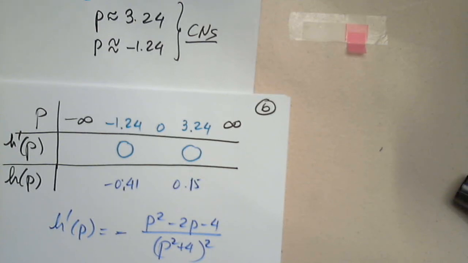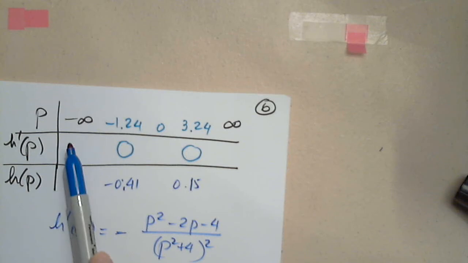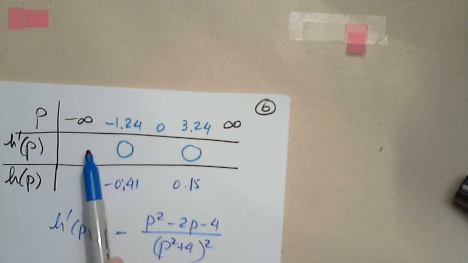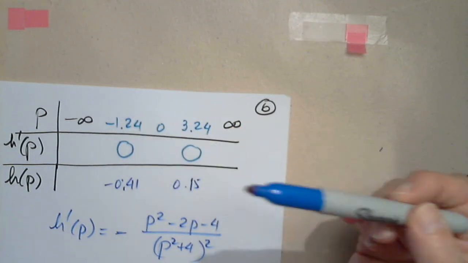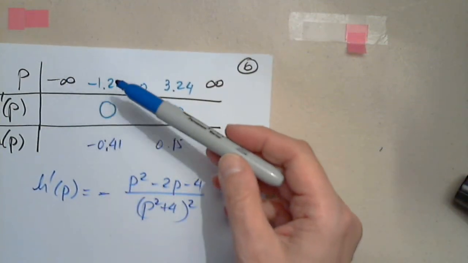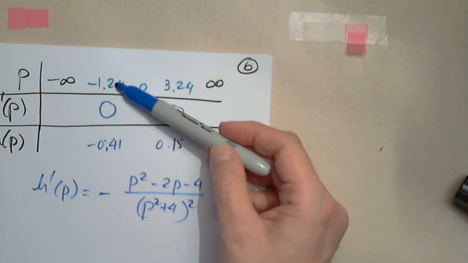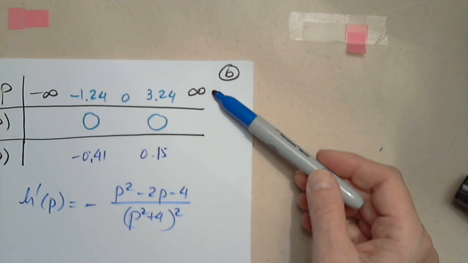Okay, so what I'm trying to do next is study the sign of this function between negative infinity and the first critical number. Which function? The derivative. Between negative infinity and the first critical number, and between the first critical number and the second critical number, and between the second critical number and infinity.